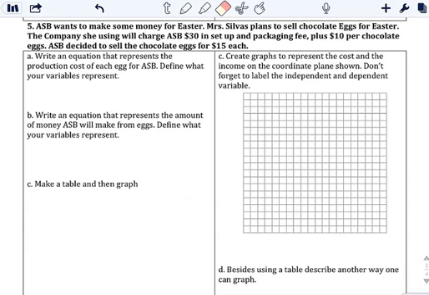Do you see the error? What's missing? What's missing? No, it's not.